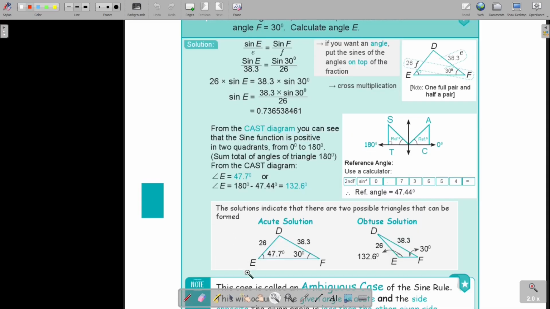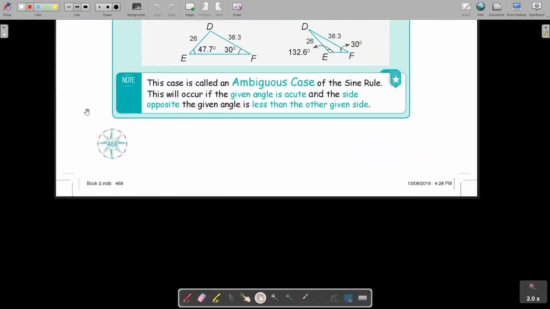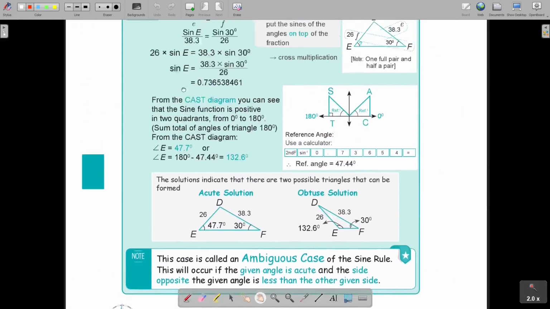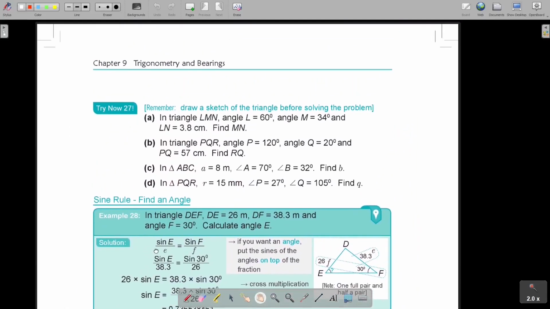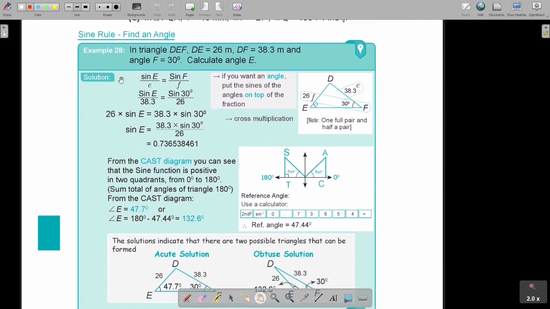You can also use this formula, and this is on page 468 in part 2, in trigonometry and bearings. You can also use the sine rule when you find an angle. Again, you have one complete set and a half. They usually say, if you want to find an angle, put that unknown on top.